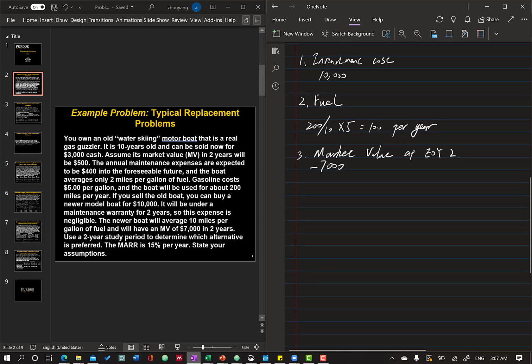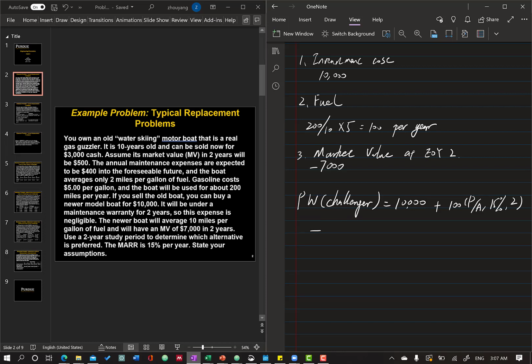And then we put all the things together and get the present worth of the Challenger, which will be the investment cost. It's at the present worth value already, so we just put the number here. Then the fuel cost, that's 100 as an annuity, so we want to find the present worth given the annuity, at 15% for 2 years.